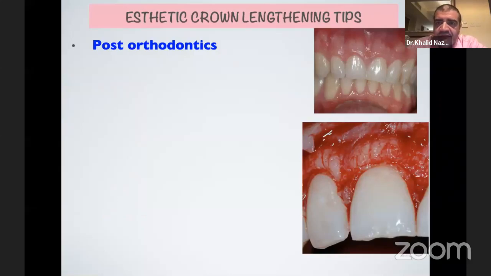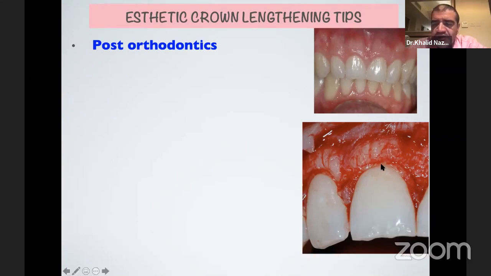Post-orthodontics, I find it very hard to reflect the soft tissue. If you look at those images, you can see the bone and all of these striations on it; those are the attachments of the fibers that have been rotated and derotated. And if you look at the level of the cement to enamel junction, you can appreciate that it is almost touching the bone.